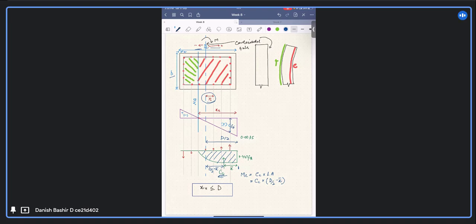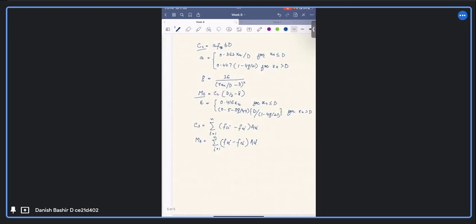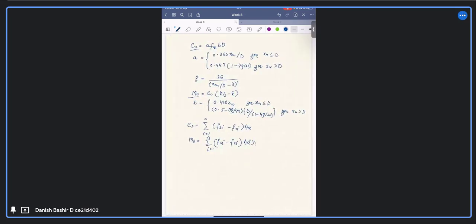We sum it over all the lines of reinforcement bars and get the total moment. So these are all the formulas that we have to remember for the analysis of short columns under uniaxial bending.